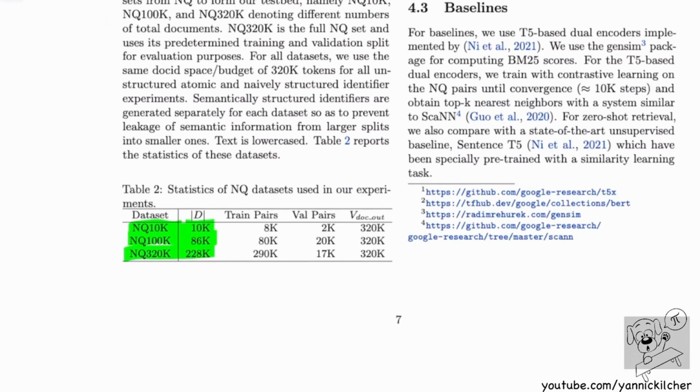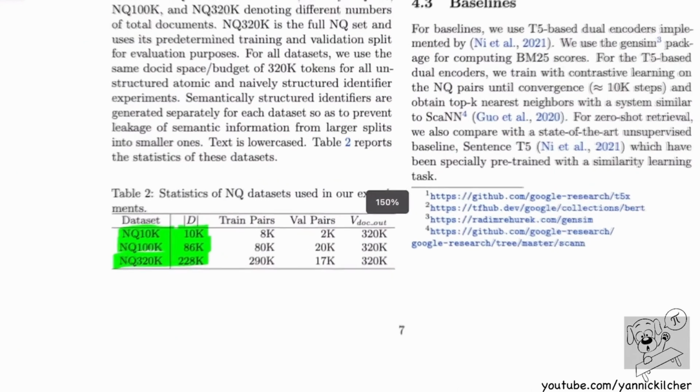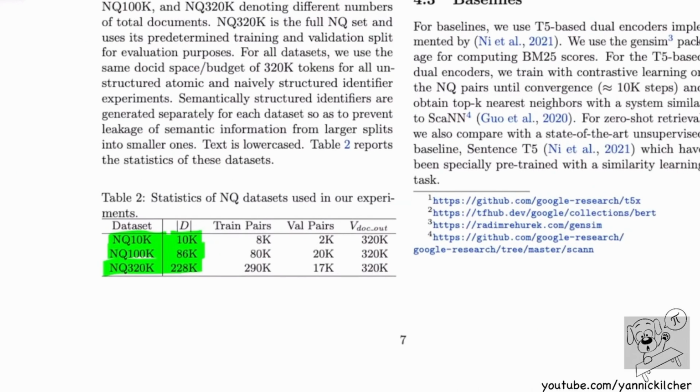A lot of document collections have millions of documents and more that you need to retrieve from. But it is good to observe scaling properties right here. But just keep in mind that their largest dataset is still not super duper large.